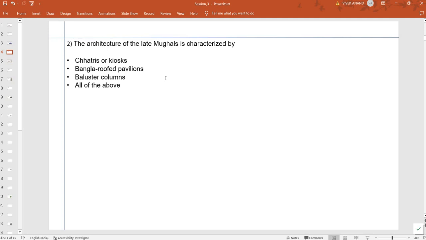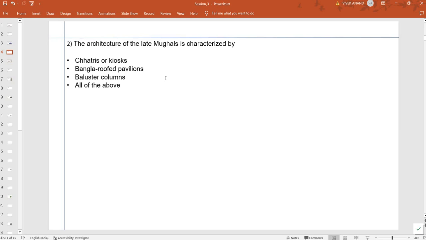So what were the features of the buildings they built at that time? So these buildings have chhatris or kiosks.